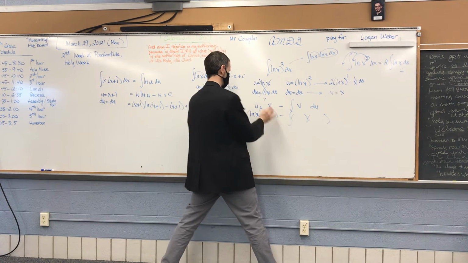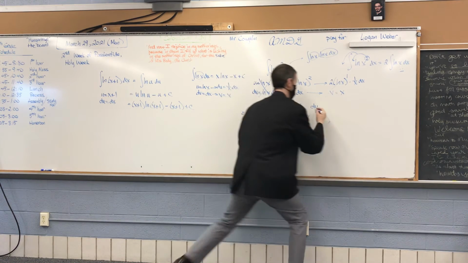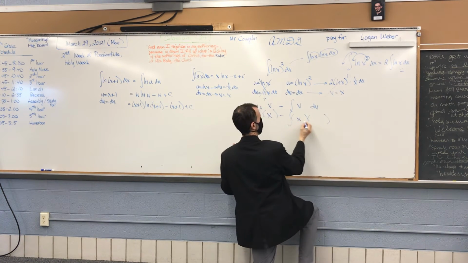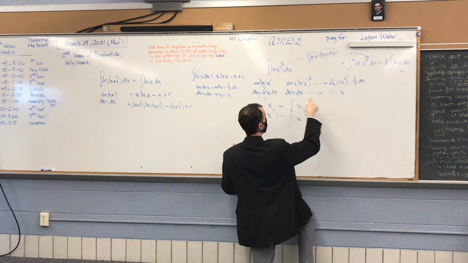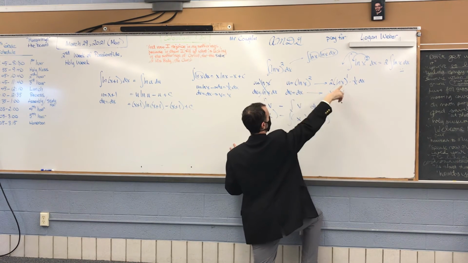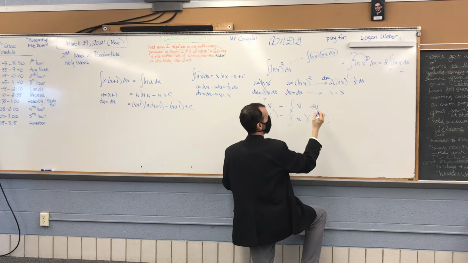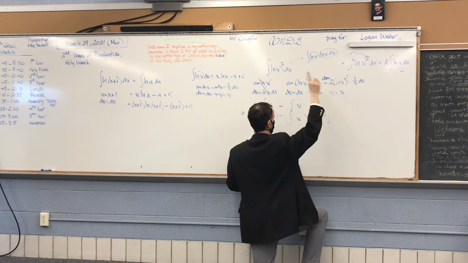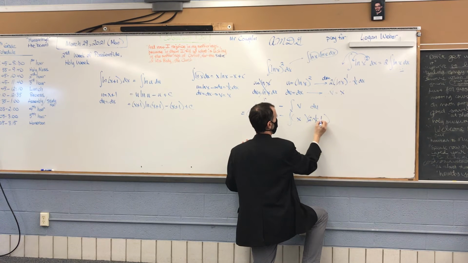And then minus the integral of x, and then du. It's there: it's 2 times 1 over x times ln of x.